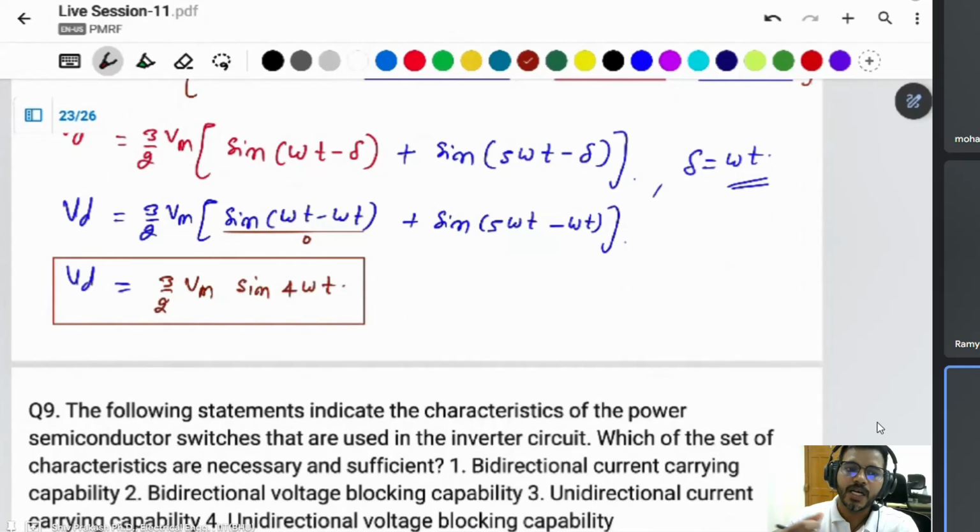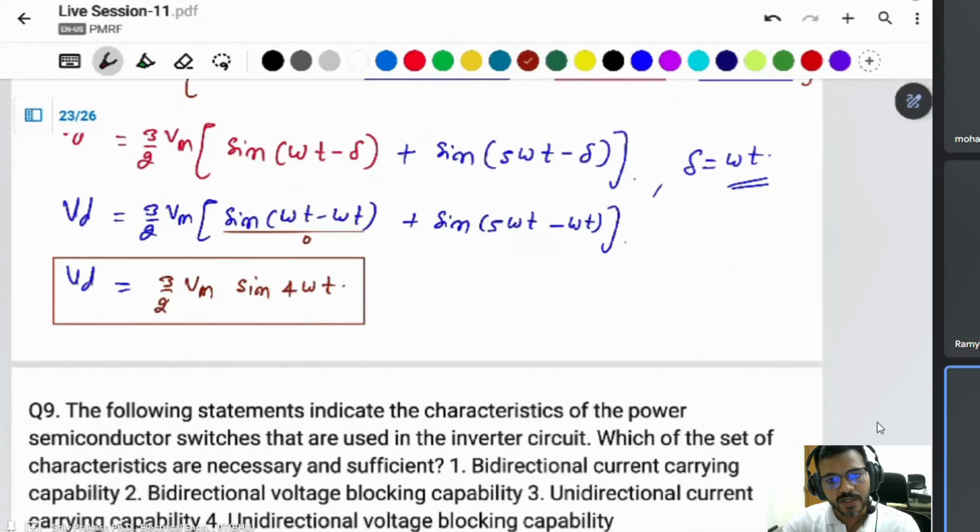Same thing if the frequency is not the same, then you can see this is sin(ωt minus δ). Delta is not at the same frequency as omega, then there is also some magnitude and some variation in Vd. Vd is not pure DC.